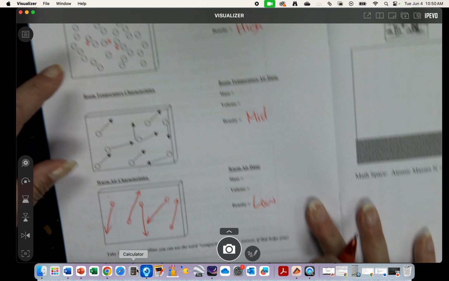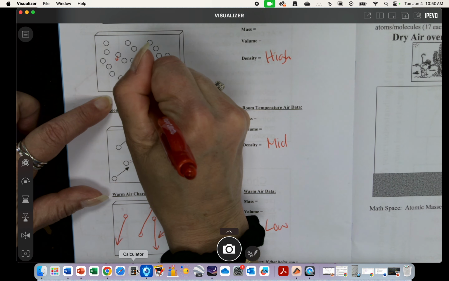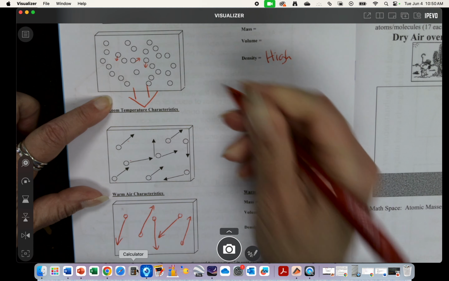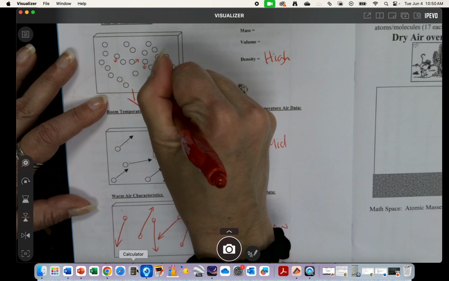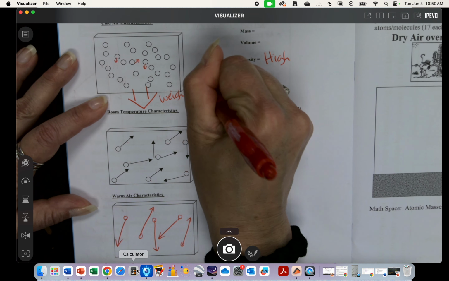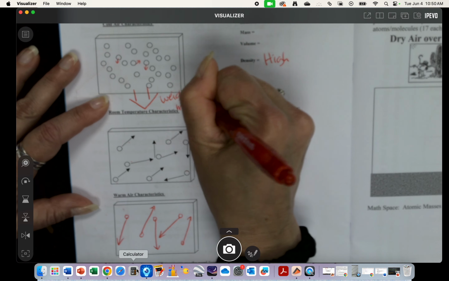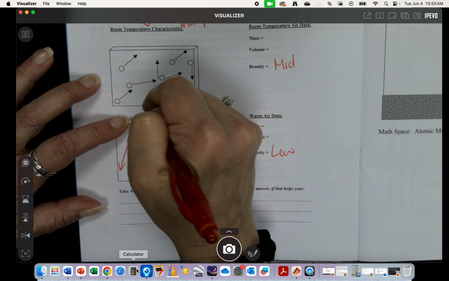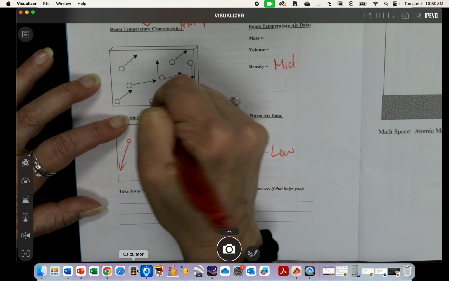All right, so here, since it's high density, let's make a really bold arrow. It weighs more, so more pressure. Here, let's make the arrow smaller.